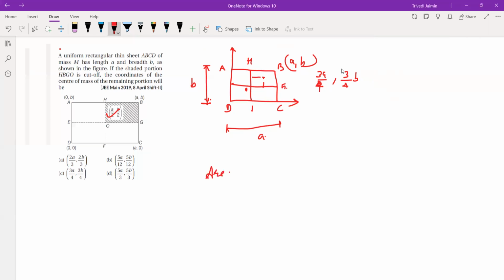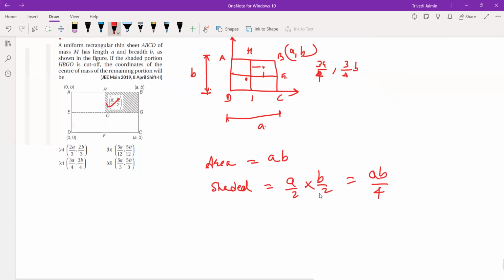Area is A into B. Shaded portion is A by 2 into B by 2, which is AB by 4. Okay, first thing we got. Oof, this question is too long.